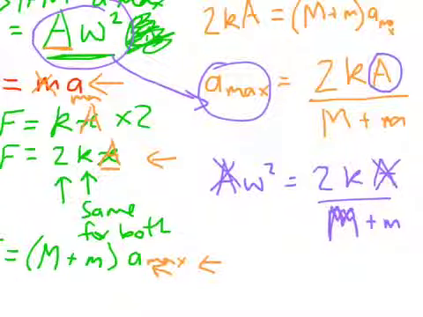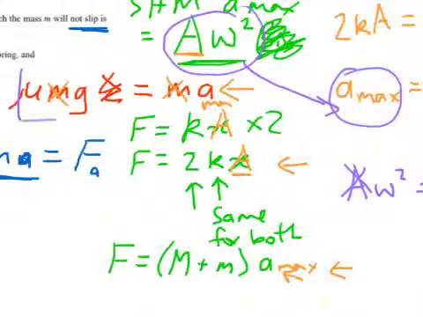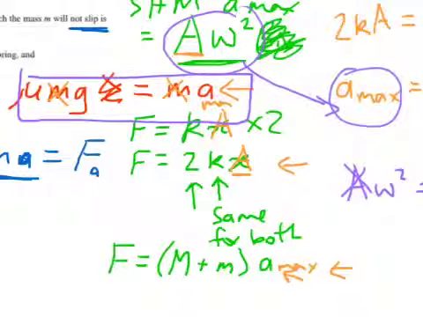And we know that from our little equation, there's a lot of equations here, so you're really going to have to go through and check this out, but from this equation here, mu m g equals m times a. So remember that A max is also A omega squared.